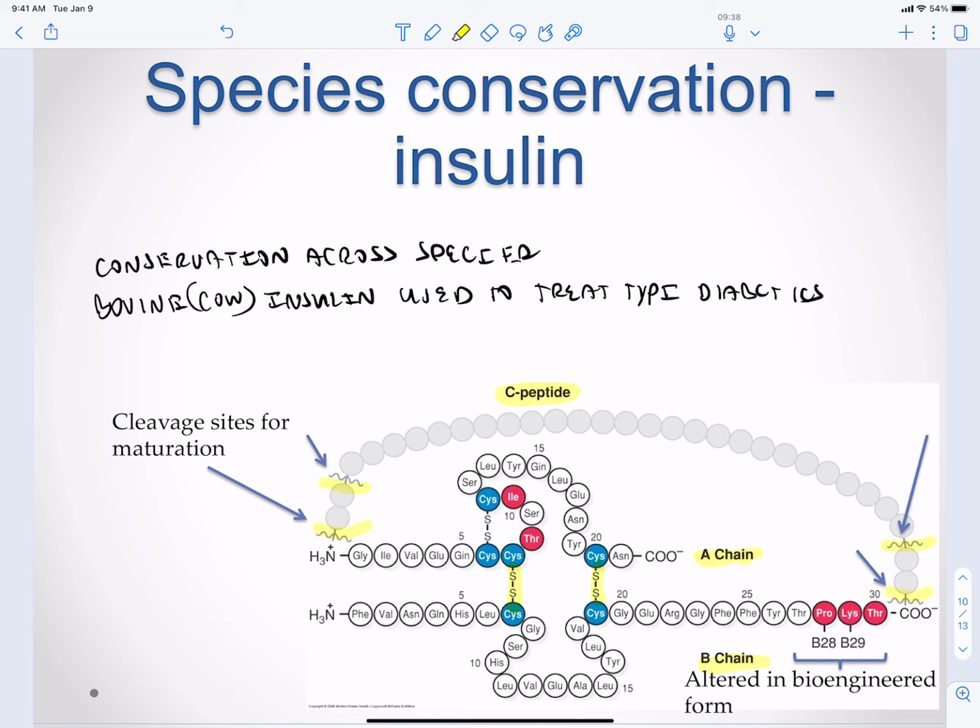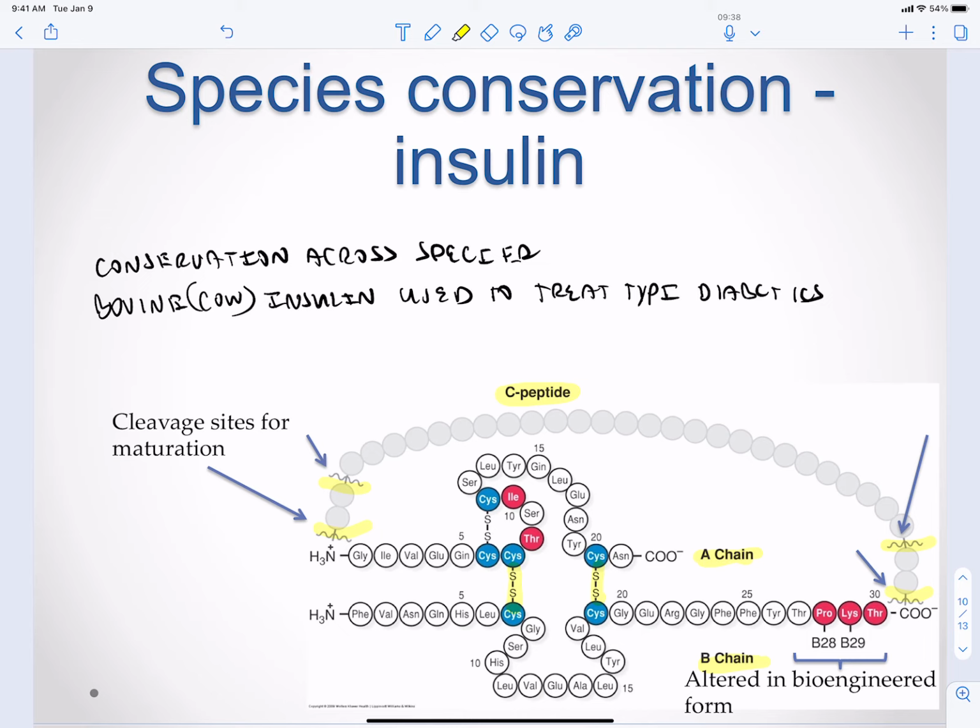Now, one thing to show is that we have some bioengineered insulin, and that's what these little circles are showing. These red circles are showing how the insulin is now bioengineered. One of the problems of giving bovine insulin is that your immune system will eventually make an immune response to the bovine insulin, and then you can no longer use that insulin because it'll get depleted by your immune system.